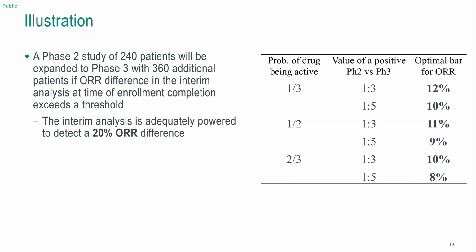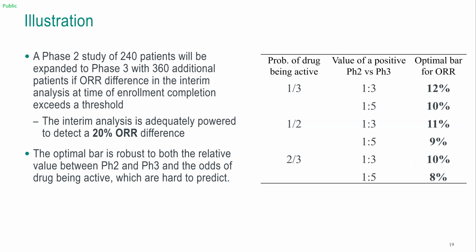And it's also hard to predict the relative value of a positive phase 2 versus phase 3. So we just choose arbitrary numbers within a reasonable range: 1/3, 1 versus 3, or 1 over 5. But as you can tell, the nice thing about this analysis is that the optimal bar is rather robust at about 10%.